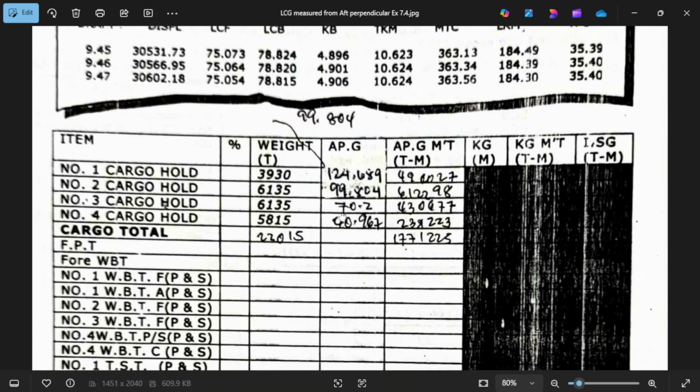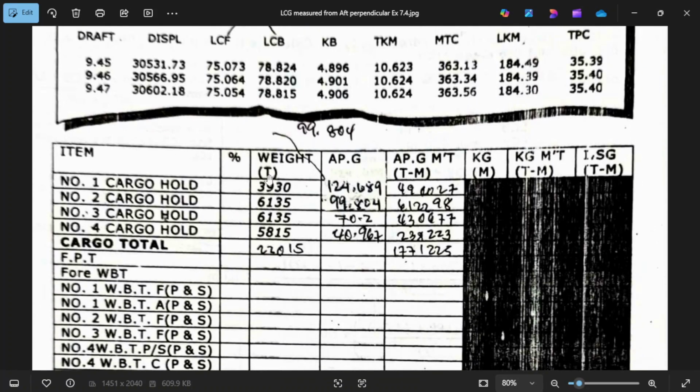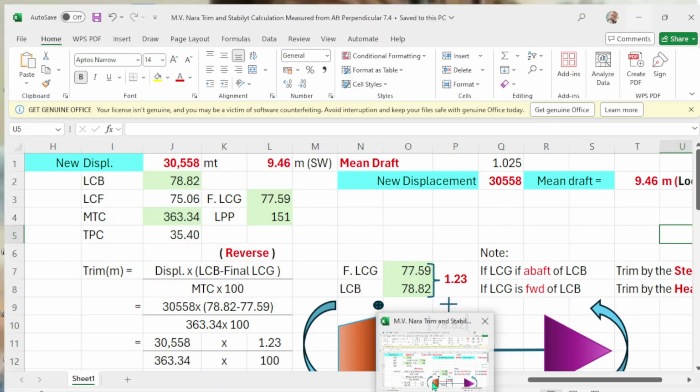Okay, so the cargoes are being loaded, and I have an Excel form here.